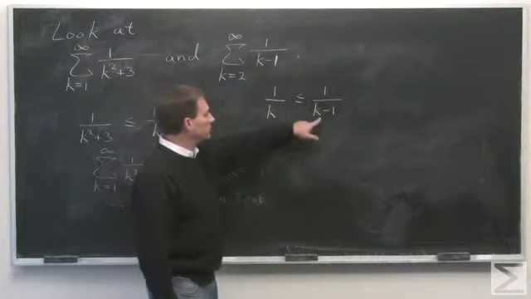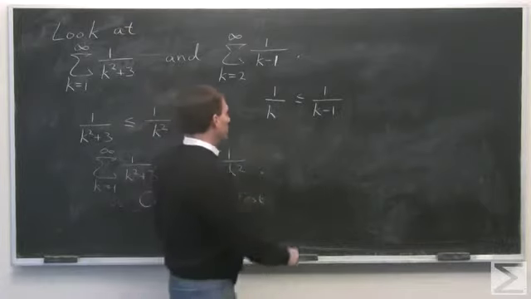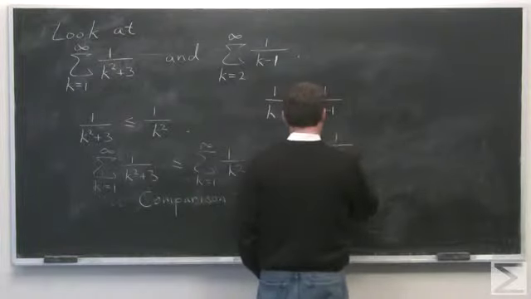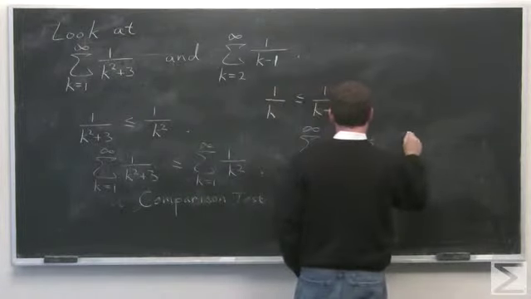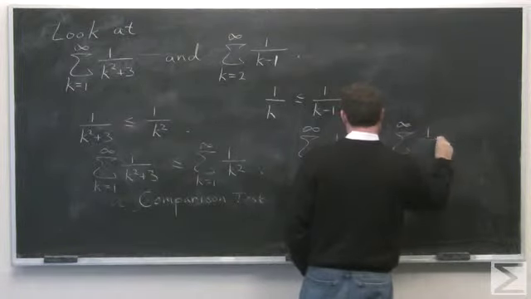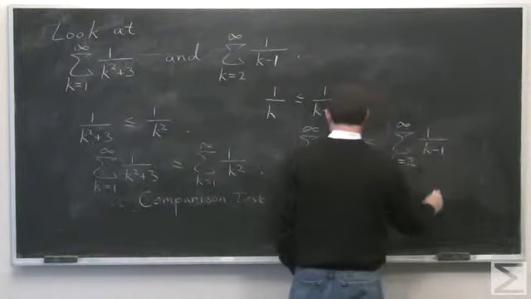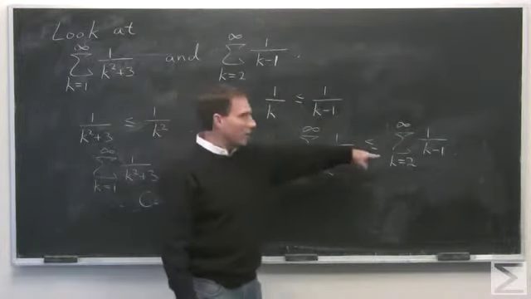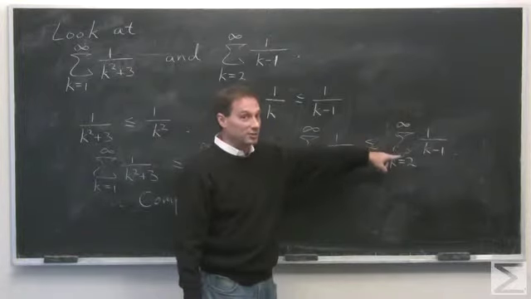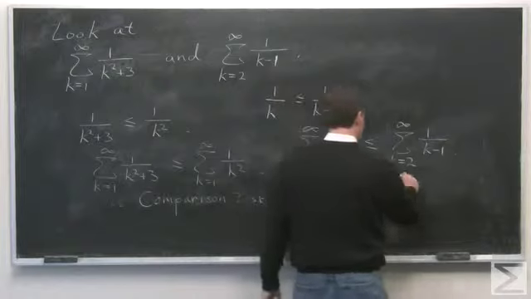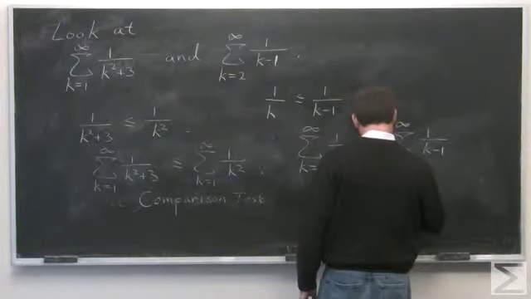So term for term, this is greater than or equal to that, which means the sum as k goes from 2 to infinity of 1 over k is less than or equal to the sum as k goes from 2 to infinity of 1 over k minus 1. But this one diverges to positive infinity, and this is greater than or equal to that. It diverges to positive infinity, right? So this diverges by the comparison test.